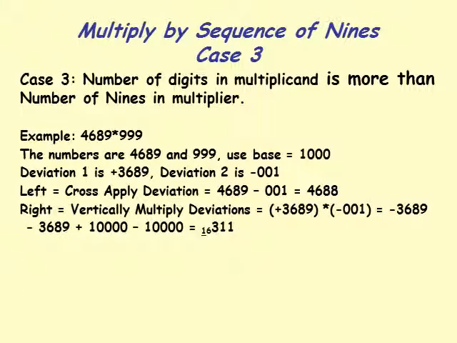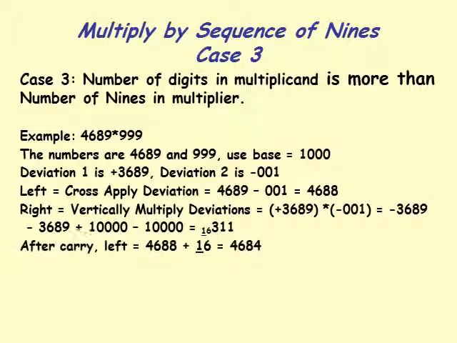If I add 10,000 to minus 3689 and subtract 10,000, I get negative 10,000 and 6,311. So it's negative 1, 6,311. So the last 3 digits are positive. We'll keep them on the right, and the left 2 digits, one negative, one positive, will move to be used as a carry to the left.